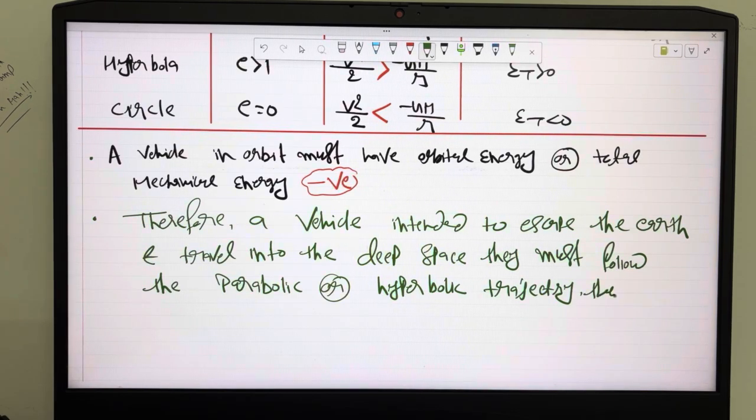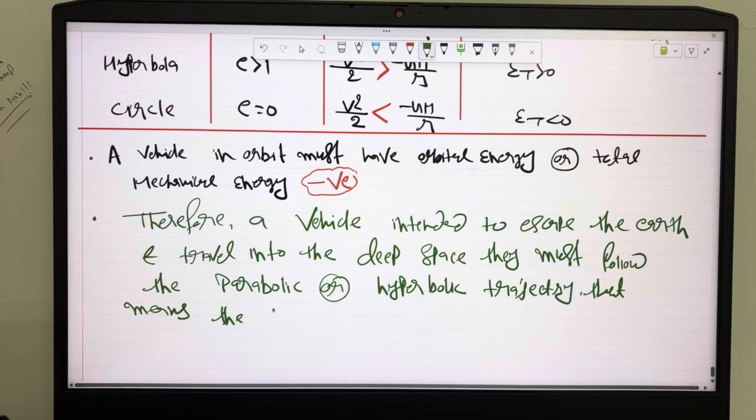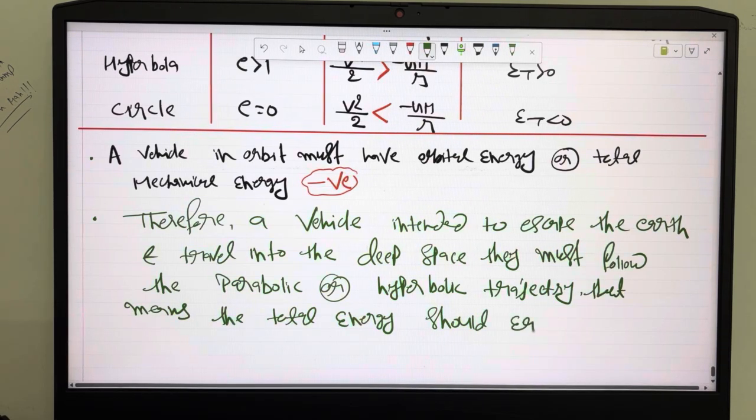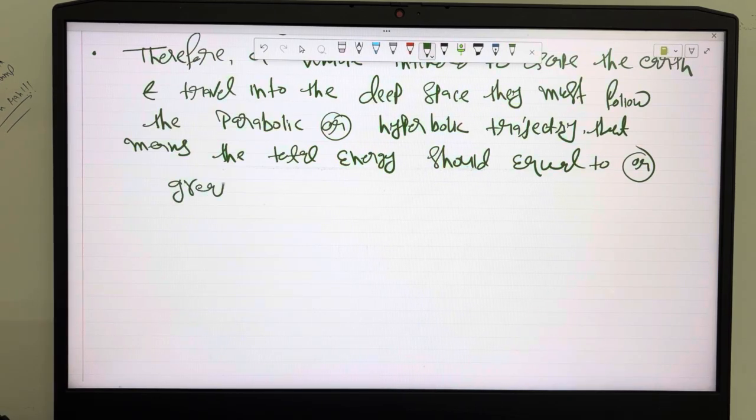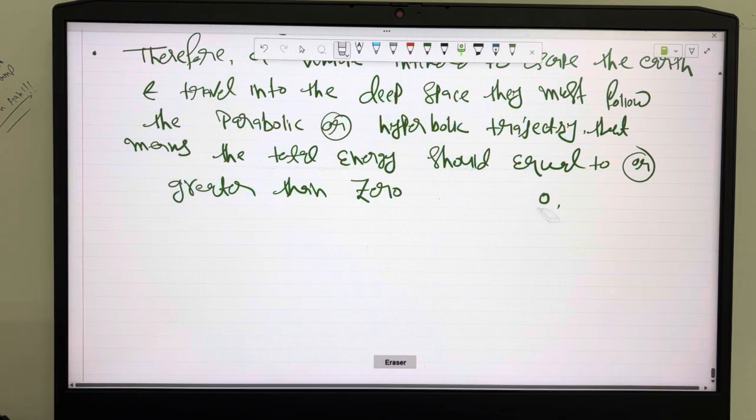That means the total energy should be equal to or greater than 0, that is ET is greater than or equal to 0.